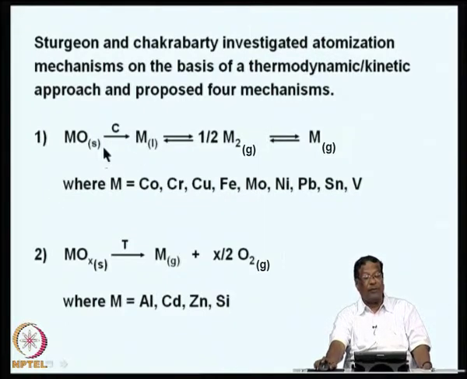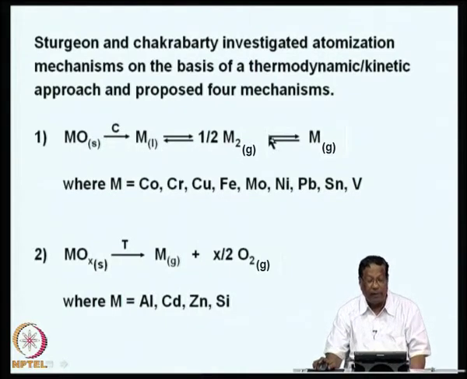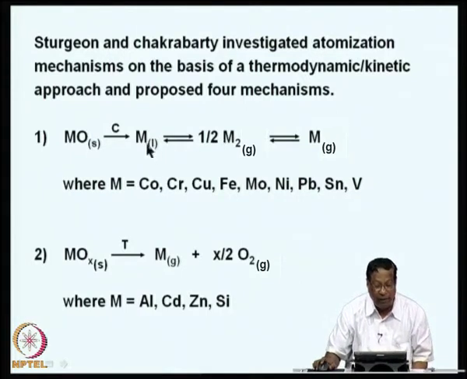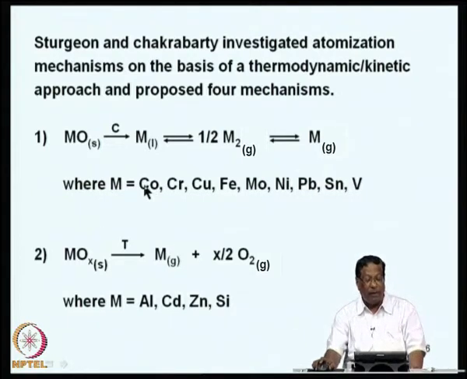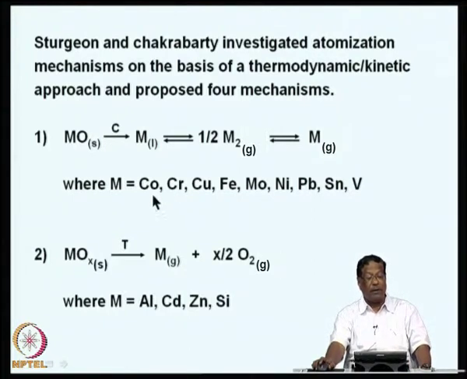Some of these, like what I explained to you, involve the metal oxide reacting with carbon to produce metal, which would initially be in the liquid state, and then in the gaseous state, where M could be cobalt, chromium, copper, iron, molybdenum, nickel, lead, tin and vanadium. So, for these elements, this mechanism holds good.